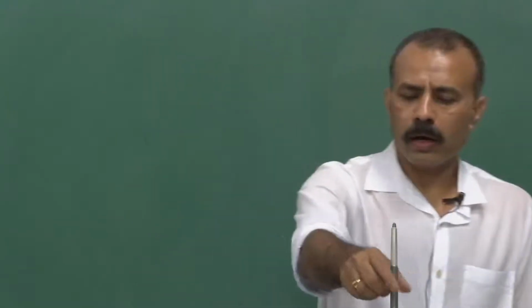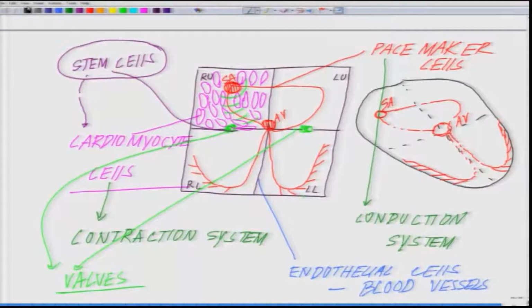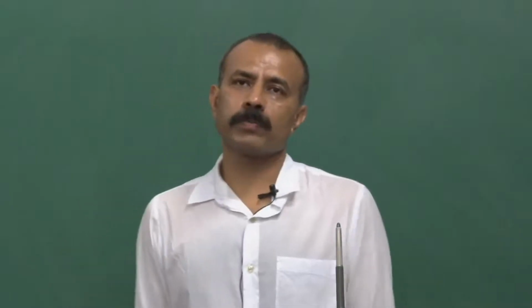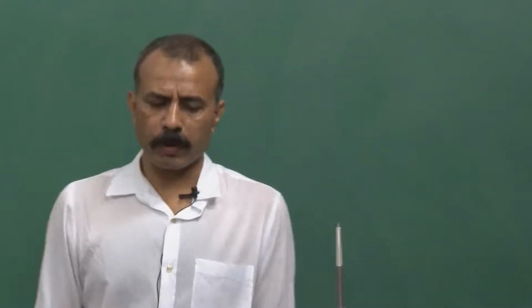So all in all, if I number them in terms of their intensity, you have cardiomyocyte type 1, then endothelial cell, you have the conduction system, these are pacemaker cells, then you have these valves, and 5. That is why I was telling you, at least prominently known 4 to 5 different kinds of cells constitute the heart.